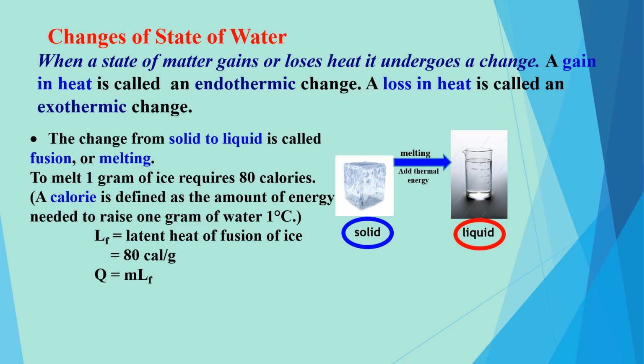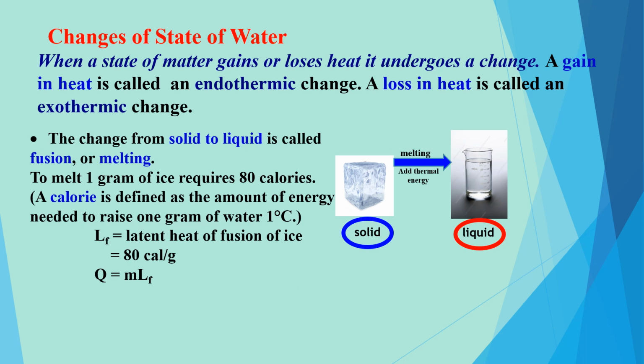A calorie is defined as the amount of energy needed to raise 1 gram of water 1 degree Celsius. So in order to melt 1 gram of ice to liquid, we need 80 calories, and this is called the latent heat of fusion of ice.